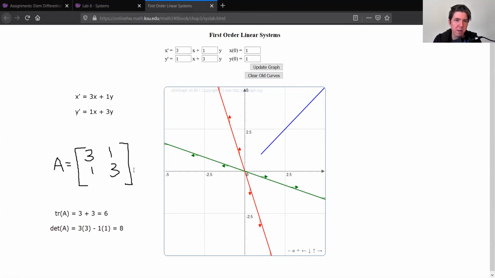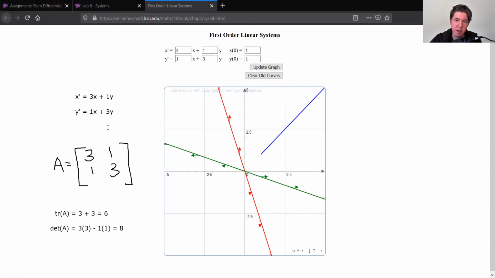So for this particular system, we have a trace of 6 and a determinant of 8. What you want to do is compute the trace and determinant for your system in each of the cases that you come up with. There are 6 of these different cases. You'll want to compute the trace and the determinant for each of the 6 as you go through them.